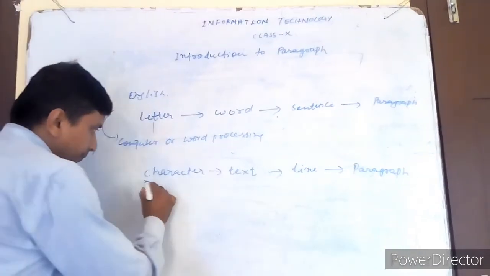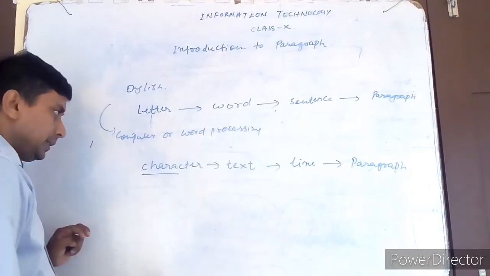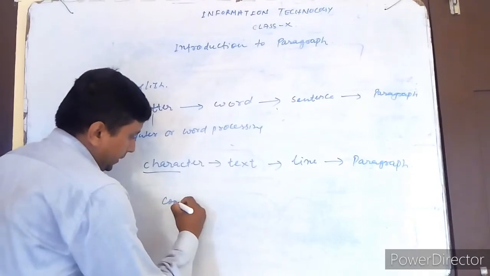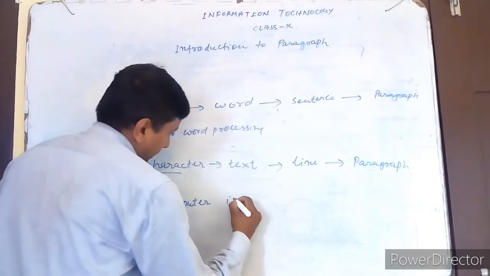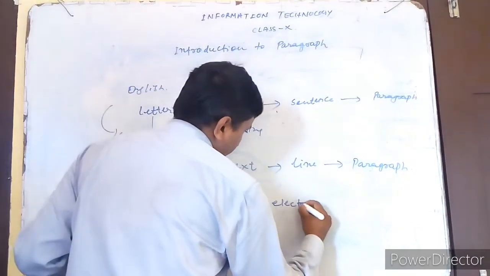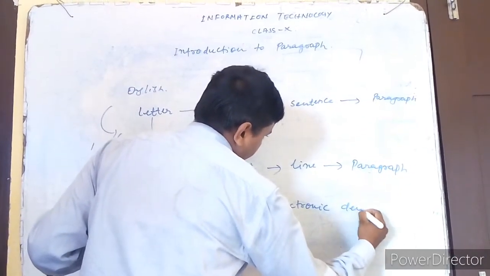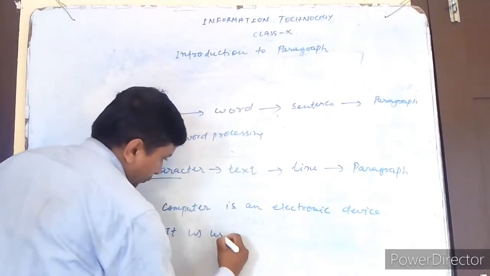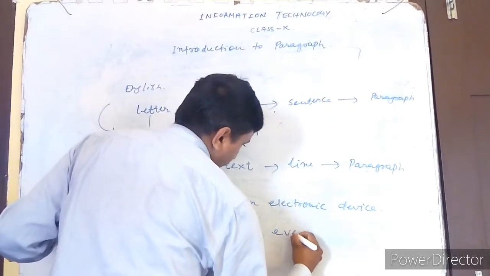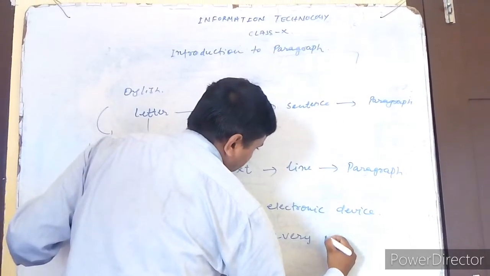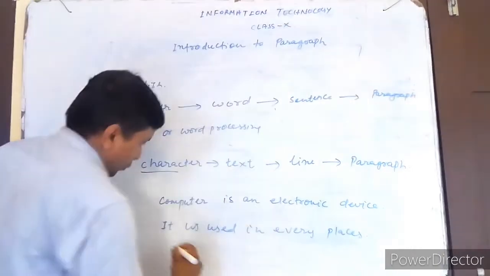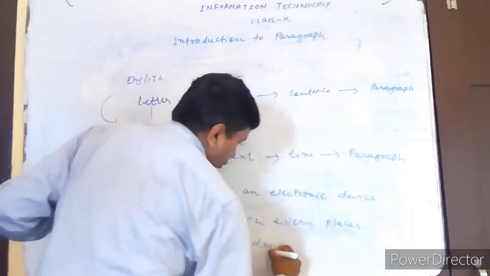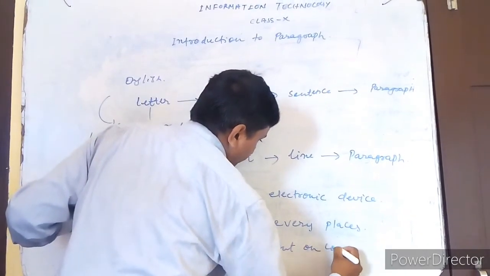Okay, means in computers, for example: computer is an electronic device. It is used in every place. Today we are dependent on computers.